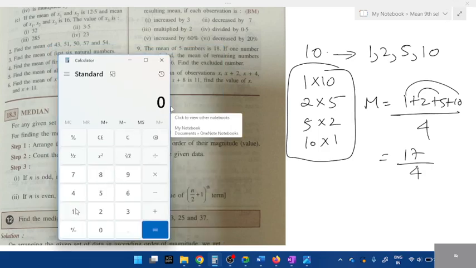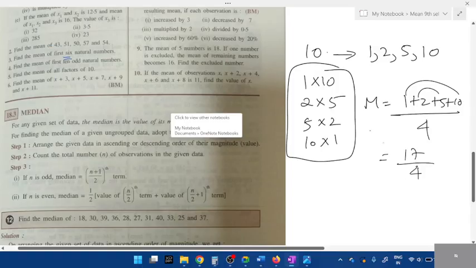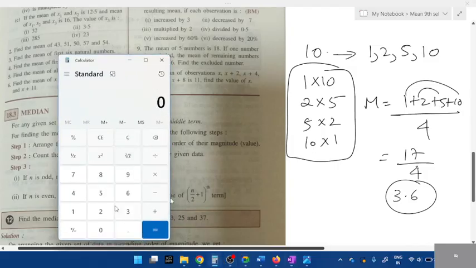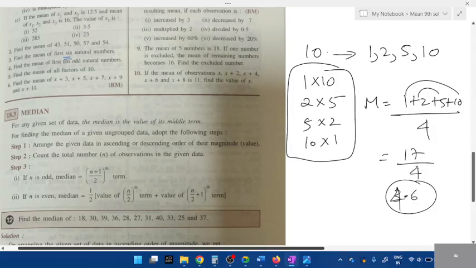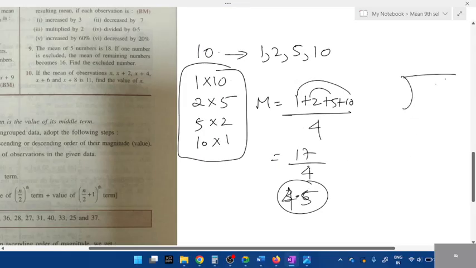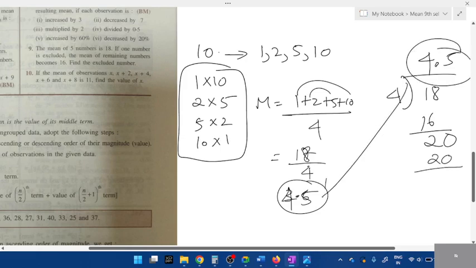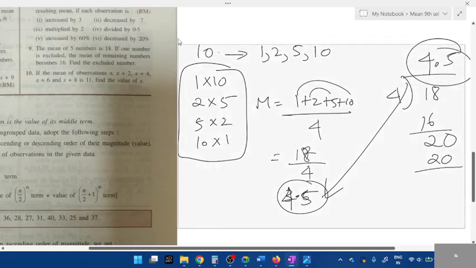It is 18, students. 3.6. 18 divided, sorry, 18 divided by 4 point. Completed? Okay, 4.5 is the answer.